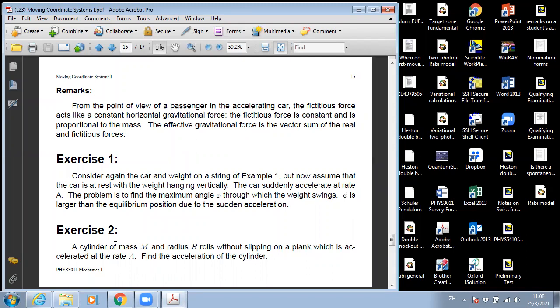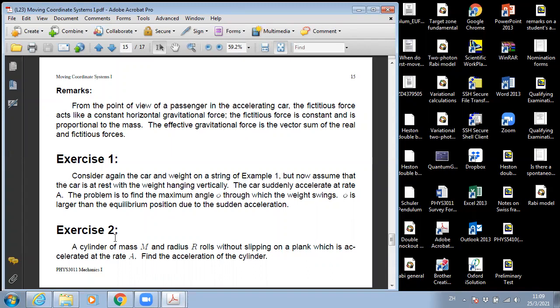Now, I add one more complication to it. Actually, the board, the plank, is inside an elevator, which is moving upward with a uniform acceleration, g bar.